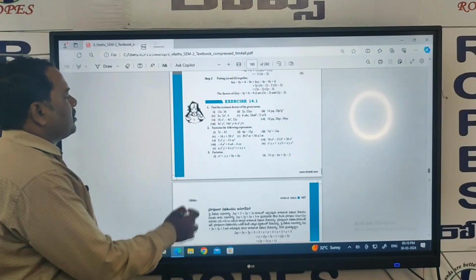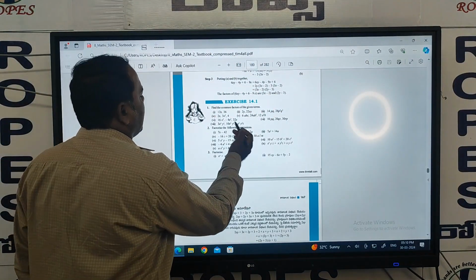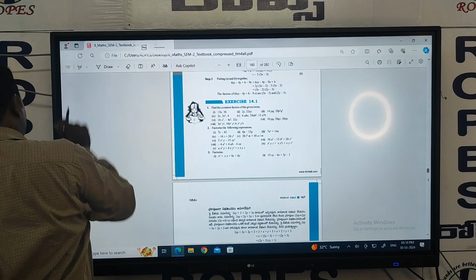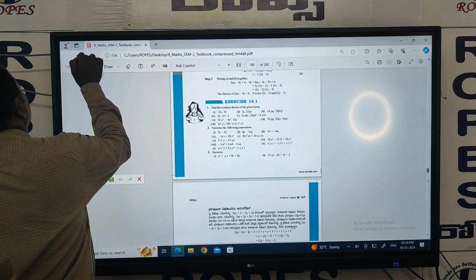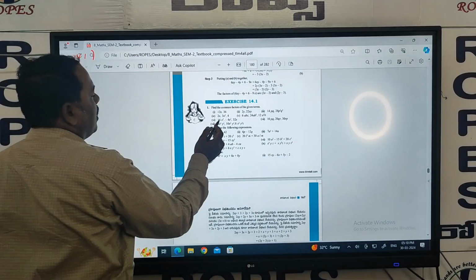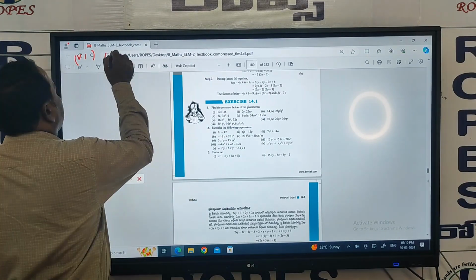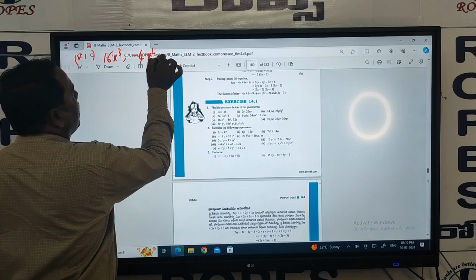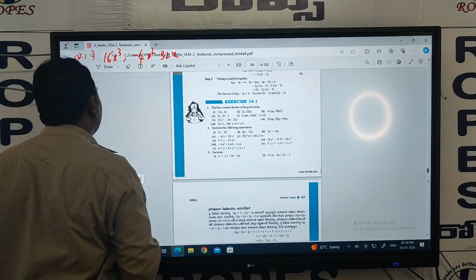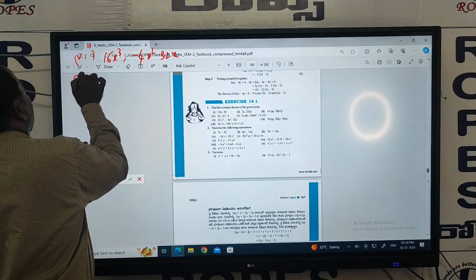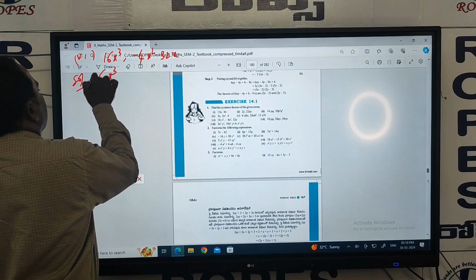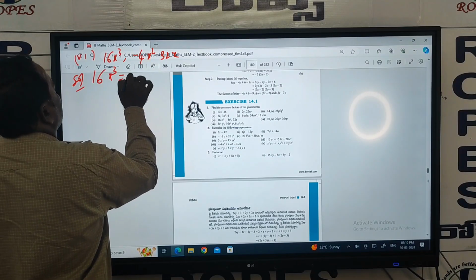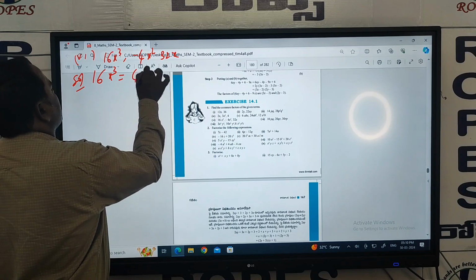Next, the sixth one, 16x cube minus 4x square plus 32x. In this one, solution: 16x cube we can write as 4x into 4x square.